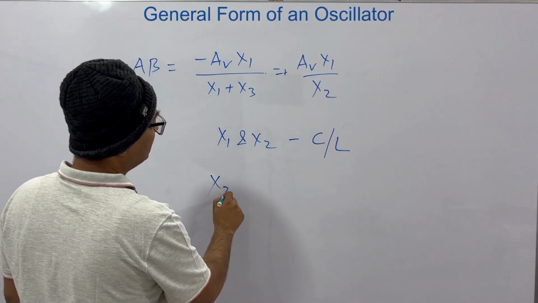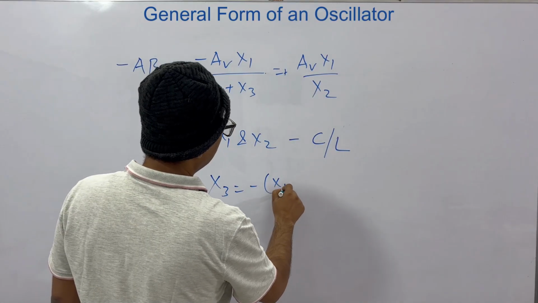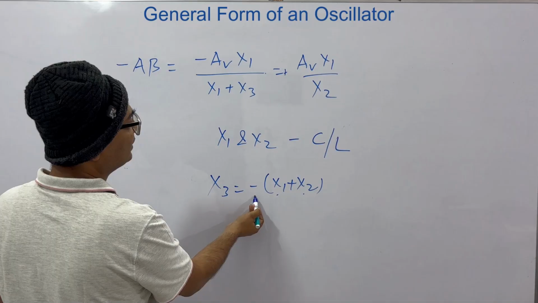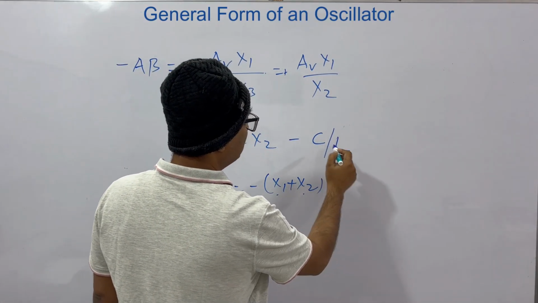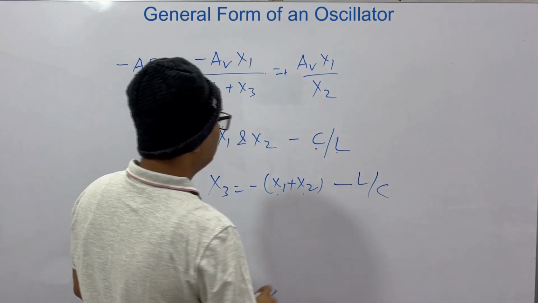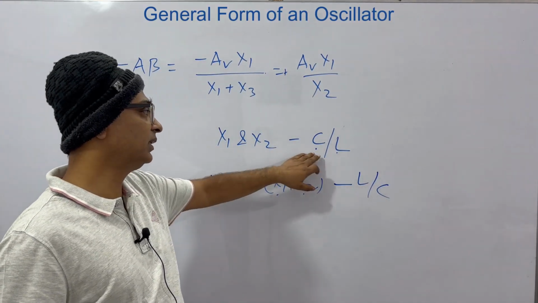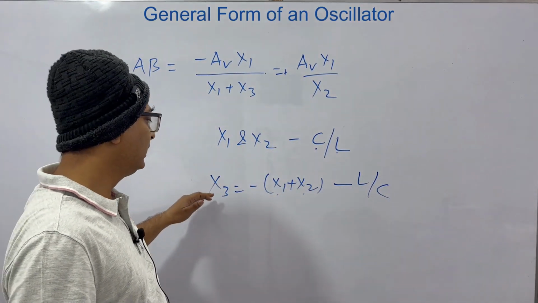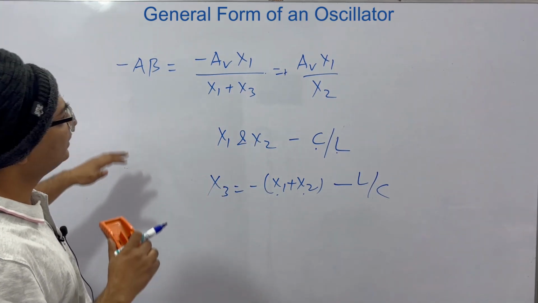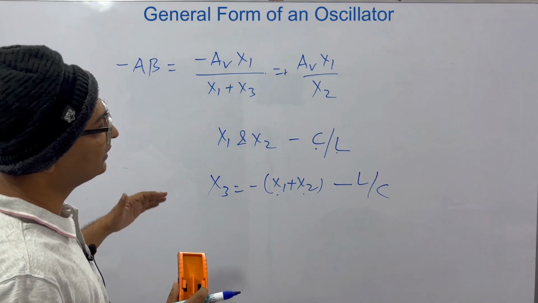And X3 is what? It is minus X1 plus X2. Now, if these two are of the same type, we have to get a minus out of it. Therefore, if this is C, this will be L, and if this is L, this will be C. That is, X1 and X2 are of the same type, either C or L, and X3 is the other one. Okay. So this is the general form of the oscillator circuit.